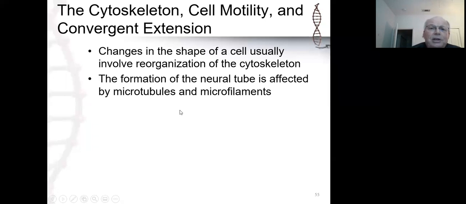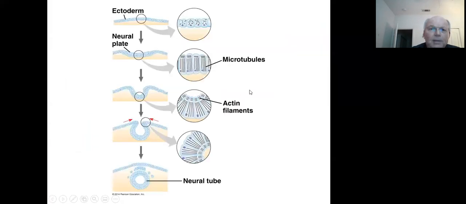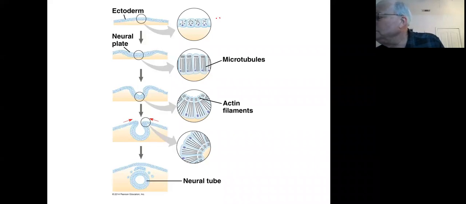And so we can see reorganization of the cytoskeleton exemplified in the formation of the neural tube. So here are the cuboidal cells that are in the ectoderm. Let's label this. These are cuboidal cells in ectoderm.